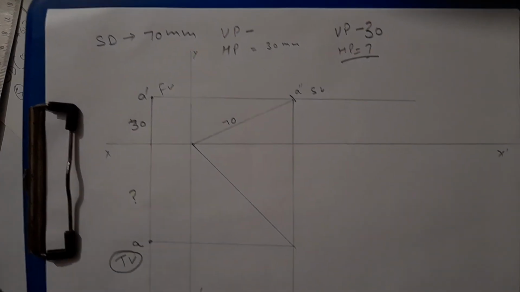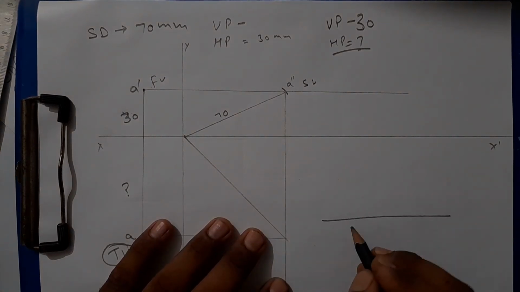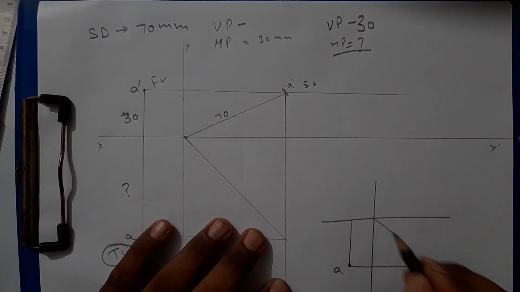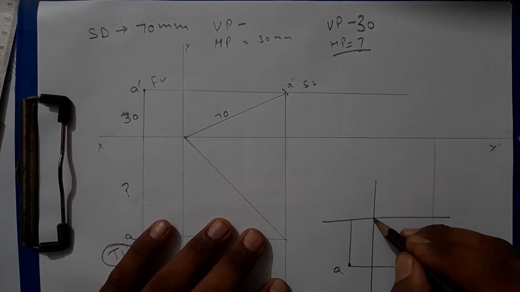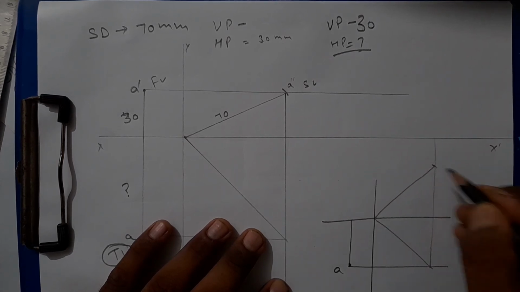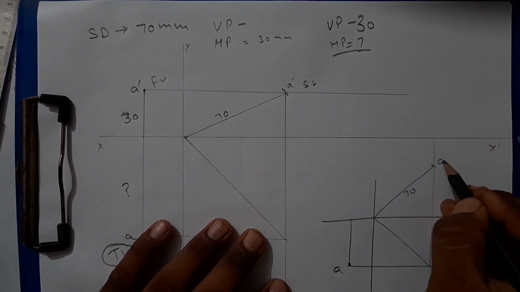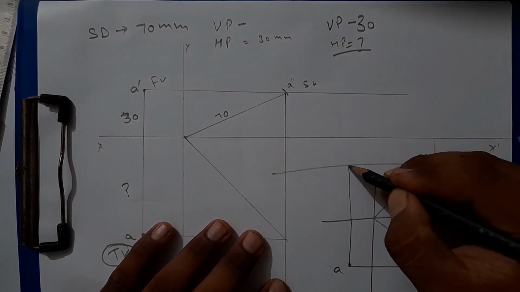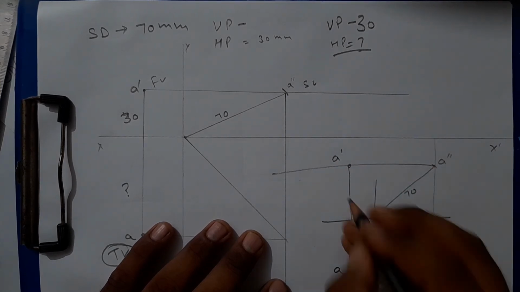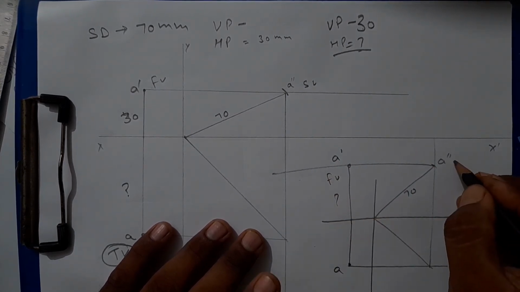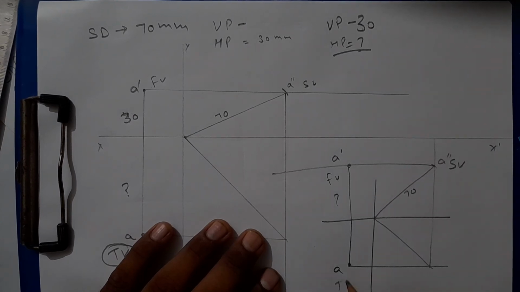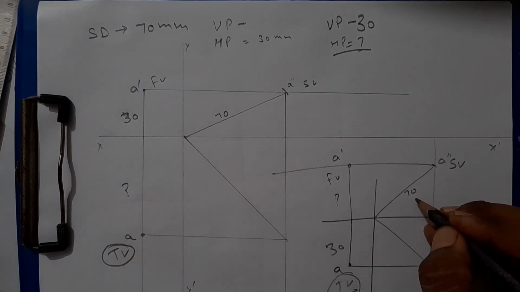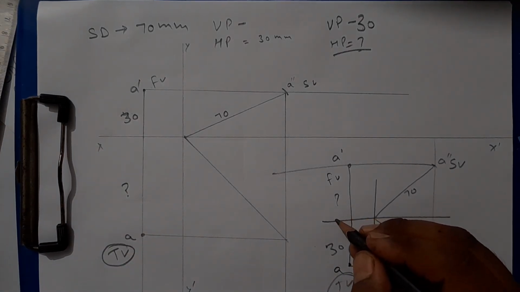I'm just giving an example on the rough side. Here we get A, then YY dash, here a 45-degree angle line above, and from here 70 mm, it plots like that. It is A double dash. From here the horizontal line, and from here the horizontal line, this is A dash. This is the front view, you can measure. This is the top view and the side view. This view is given as 30 mm, suppose this is given as 70 mm, and this you need to find out.